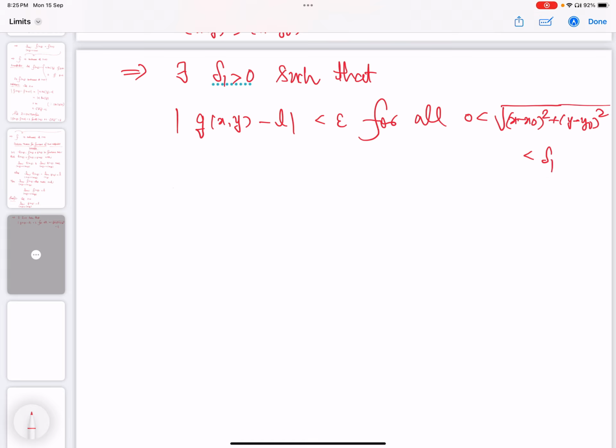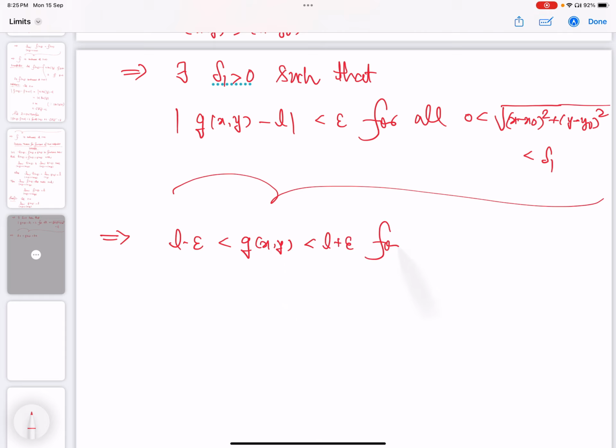So how can we write this? This means L minus epsilon is less than g(x,y) is less than L plus epsilon for all (x,y) with (x minus x naught) squared plus (y minus y naught) squared less than delta 1.